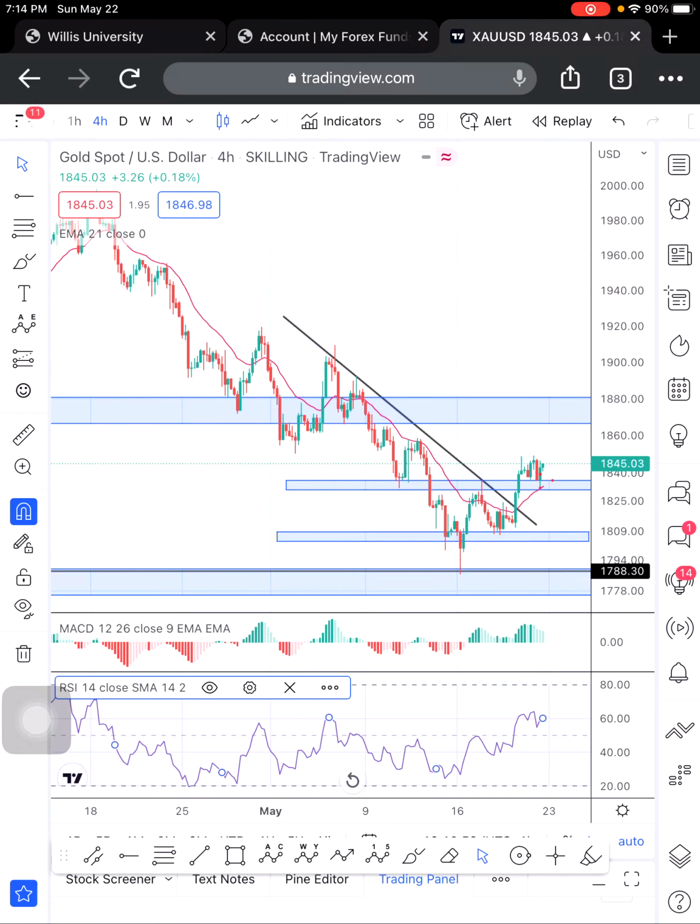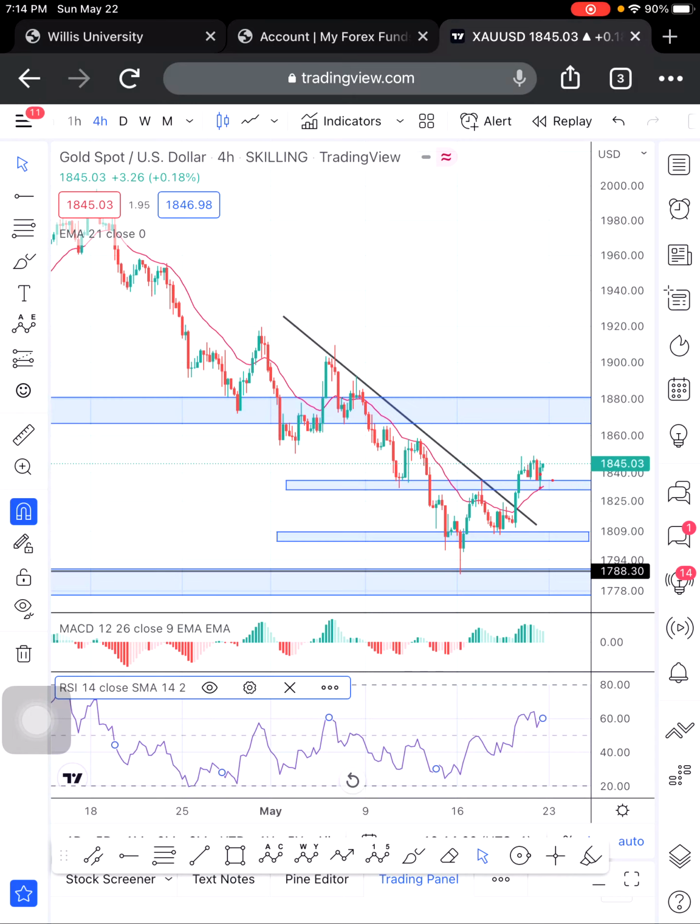Whenever I have a buy setup from the higher time frame, I will go to the 15-minute time frame and ensure that this RSI is at the region of 80, 60, or 70, or below 50 for me to take that buy trade.